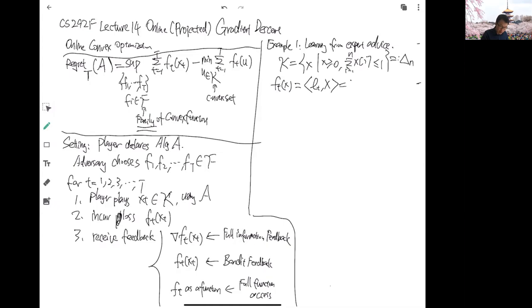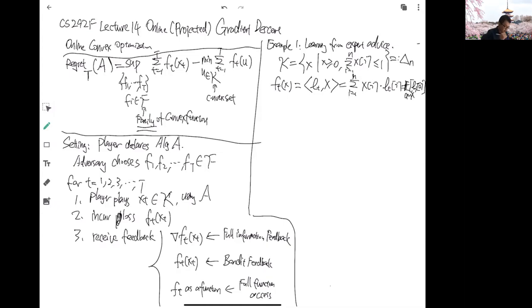And so this inner product is equal to the sum from 1 to n of x_i multiplied with L_t. So this is the loss of the bag of experts at time t for each one of them. And by definition, this is just the expectation, if you choose your action by the distribution given by x, taking expectation over this randomness, of L_t(A).